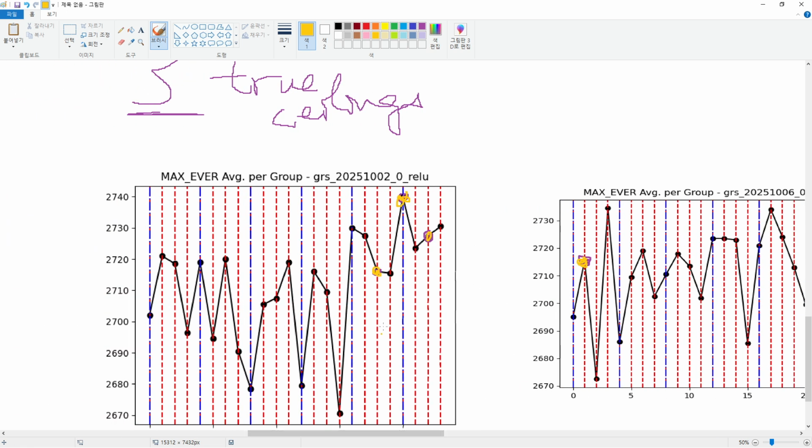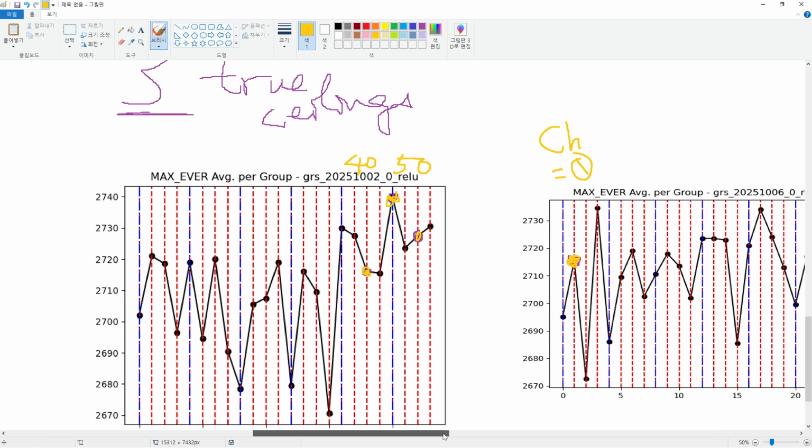So, we've had 3 iterations from 40 and 50 for chill ratio that gave us the true ceilings, and then here all of a sudden we have from 0 where chill ratio is 0, and it gave us a true ceiling.